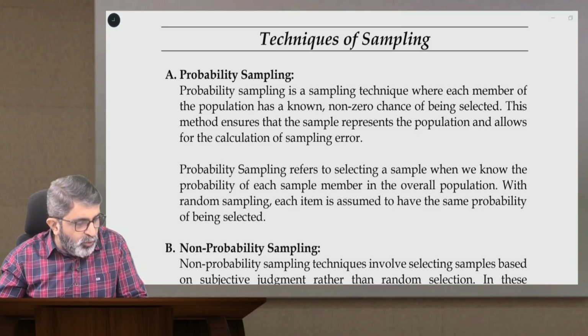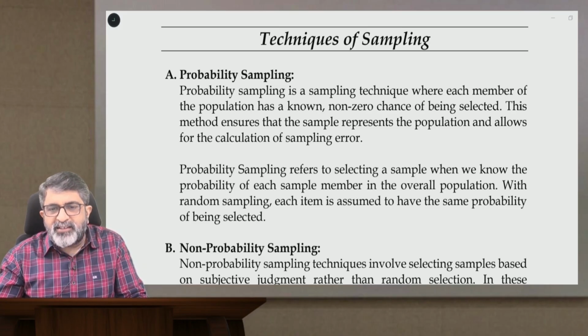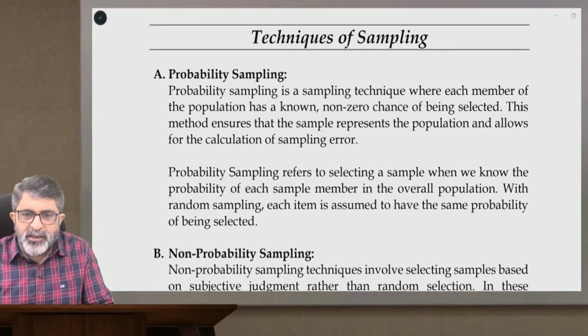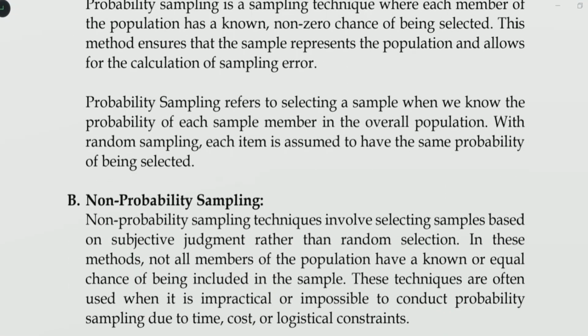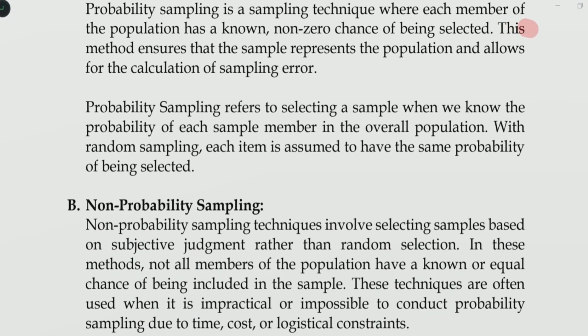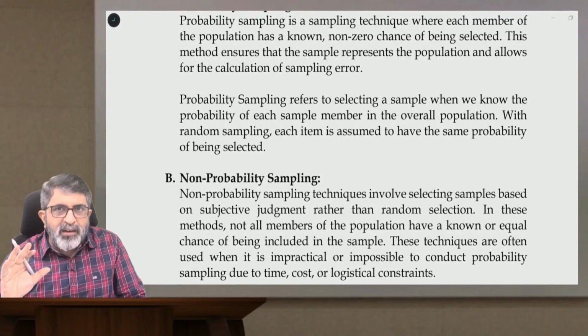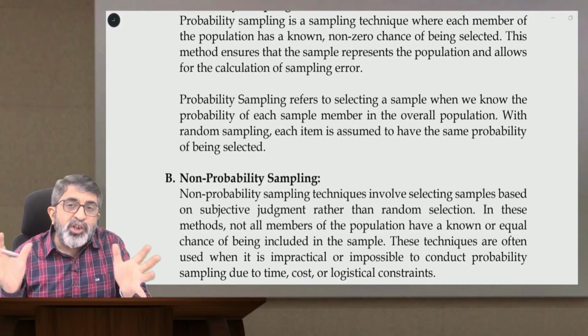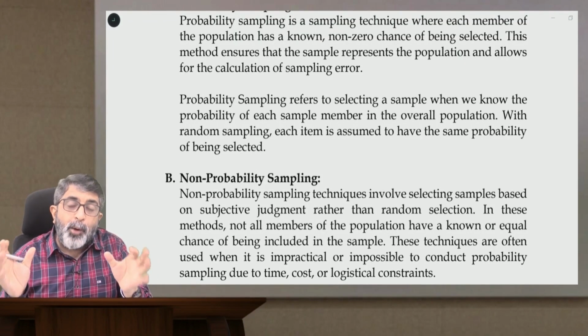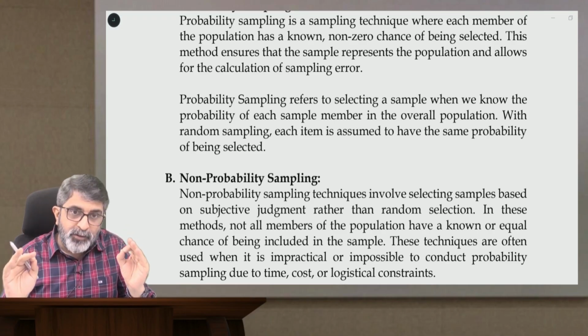If I take you to the detail of what exactly probability sampling is, let me read the content further for you. This method ensures that the sample represents the population and allows for calculation of sampling error. That line basically means, you are aware that the population is not homogeneous, it is heterogeneous.